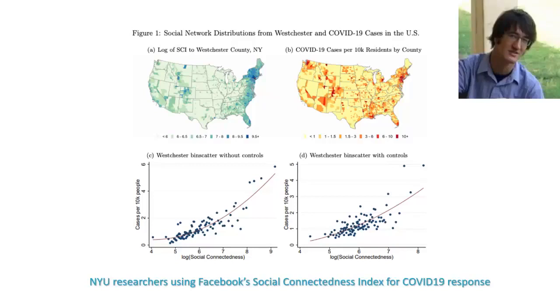This holds: the social connectedness index correlates quite strongly with additional areas of COVID-19 cases, even when controlling for the geographic distance between those two areas.